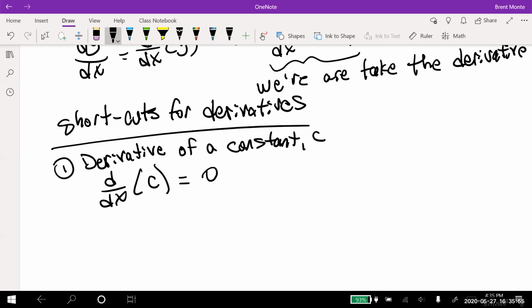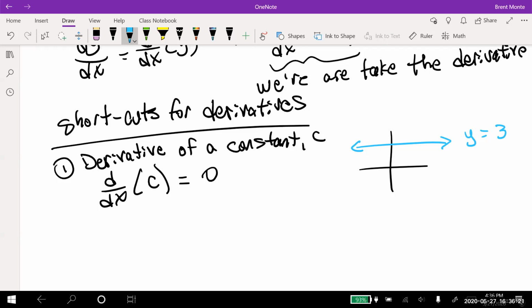Another way to look at that is graphically, if we wanted to. I'm going to do it off to the side because I want this list of shortcuts to be nice and clean. But if I've got a curve like this, and then let's say we've got a line up here, and let's make that line y equals 3. The reason I'm saying y equals 3 is because it's a constant.